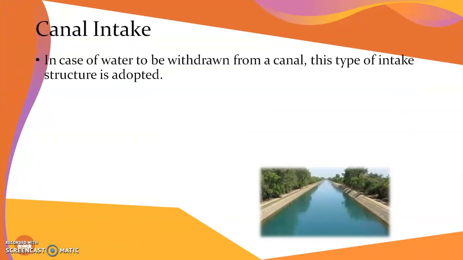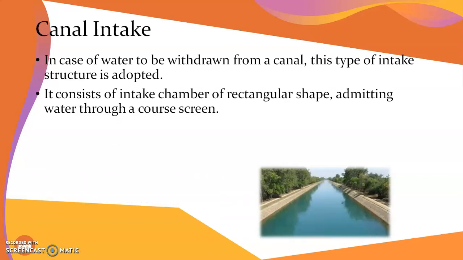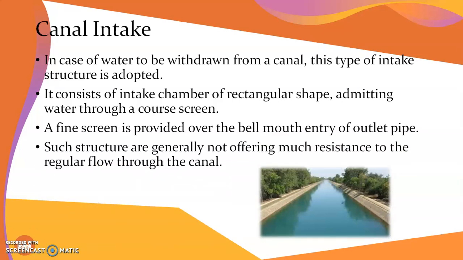Next is canal intake. In case water is to be withdrawn from a canal, this type of intake structure is adopted. It consists of an intake chamber of regular or rectangular shape admitting water through a coarse screen. A fine screen is provided over the bell mouth entry of the outlet pipe.